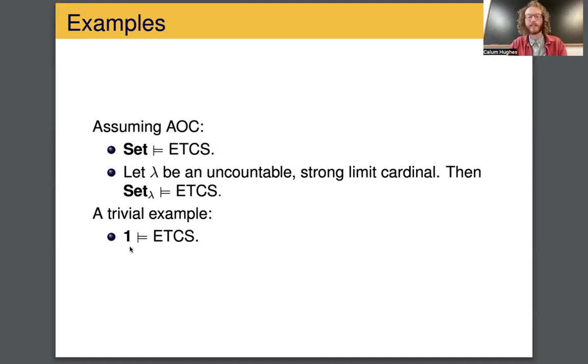But Lawvere doesn't do this, and so one is a model of the elementary theory of the category of sets. Okay, and maybe you can think of this as a trivial theory in which everything is true, or something like this.